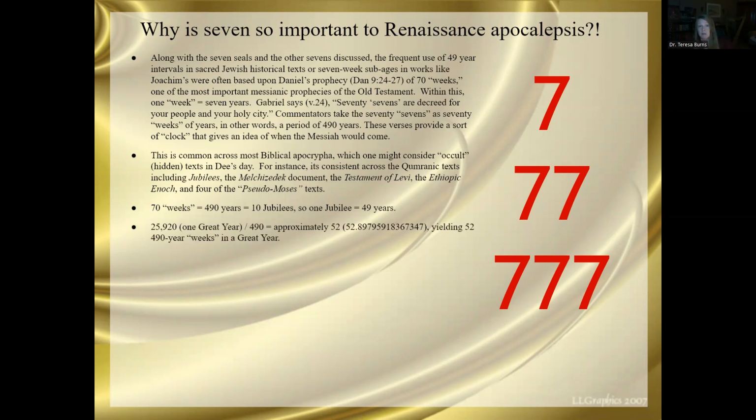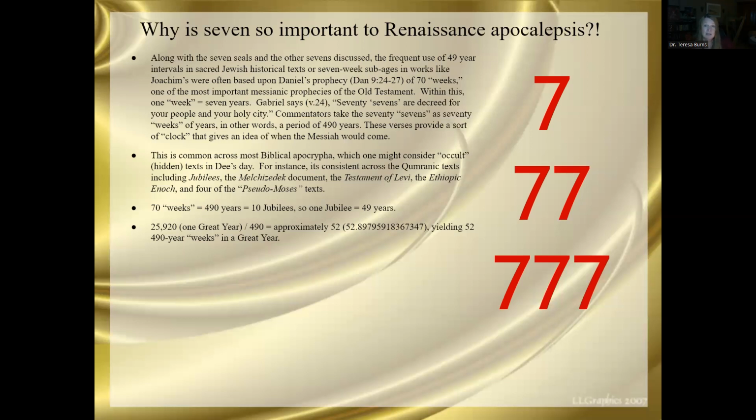Or let's go back to our long count of a Platonic great year, since Dee and other astronomers know the amount of time it takes for a star to precess 1 degree. So if you divide that by 490, 25,920 divided by 490, you get approximately 52, like 52 weeks in a year.